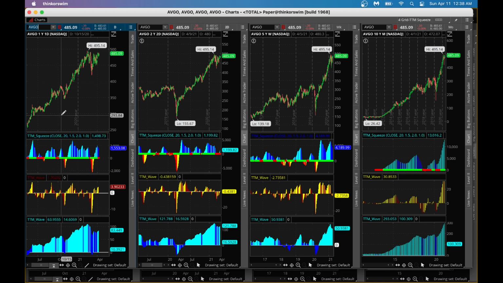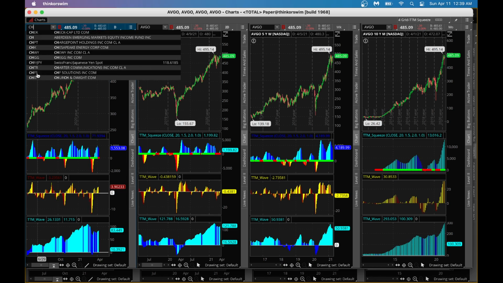So some stocks like AVGO, I think this is doing very nicely. I can see how past squeezes played out. That will give me some confidence that future squeezes also do well. But in some cases you see a false positive. For example, there is a stock called Charter Communications. I think it's CHTR.